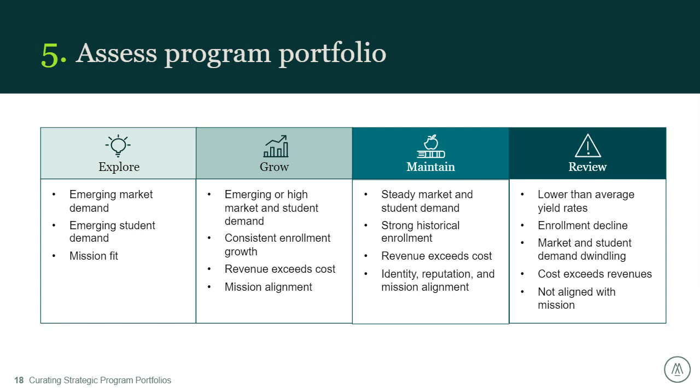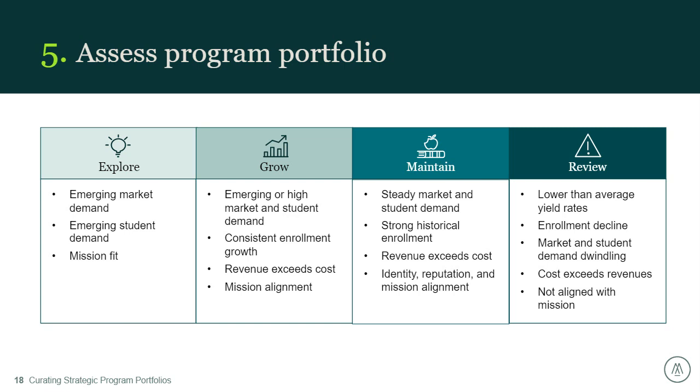So for these programs, you could think about whether they need additional investment. So for example, if they have low enrollment forecasts, but they show a lot of promise with student outcomes, would some additional investment be able to help that program achieve its enrollment goals? Could the program be consolidated to conserve operational resources? So does this need to be a standalone program?